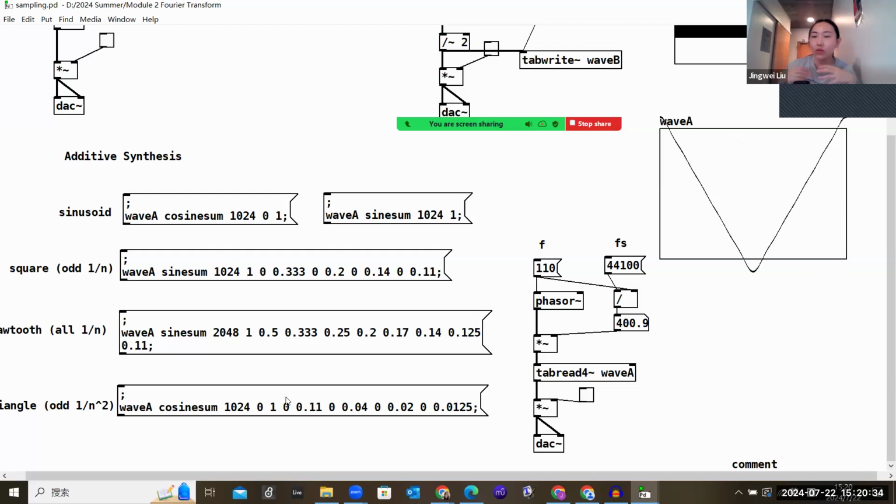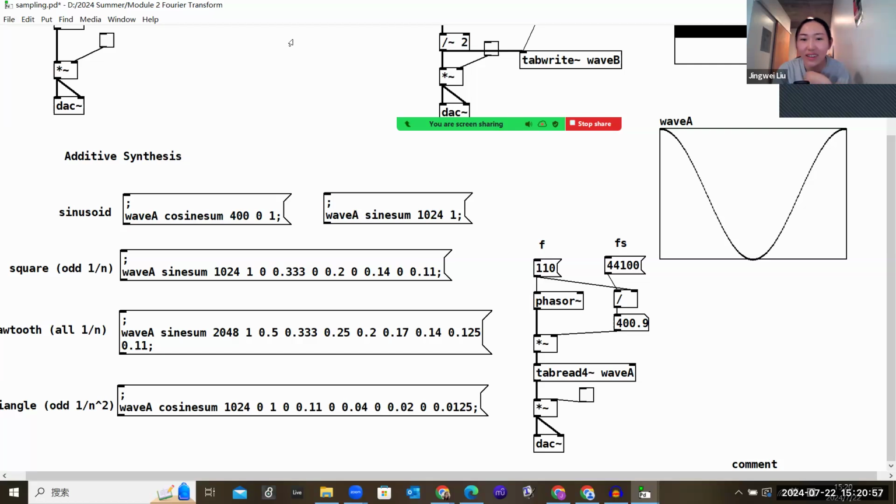So you know how you use additive synthesis to get those tables. I see. So actually the sampling rate is wrong. Yeah, I should change this number to 400. Then I can listen to this.